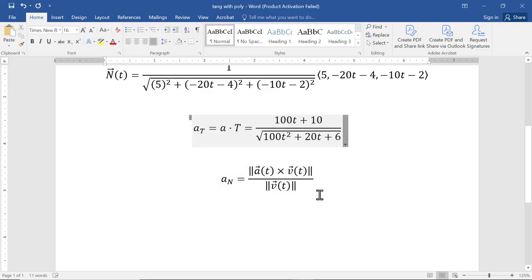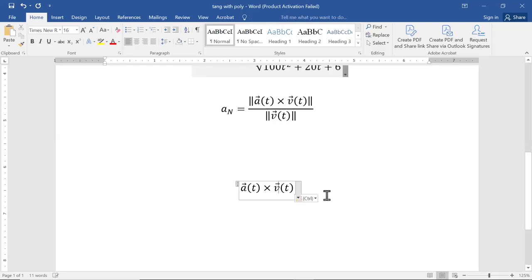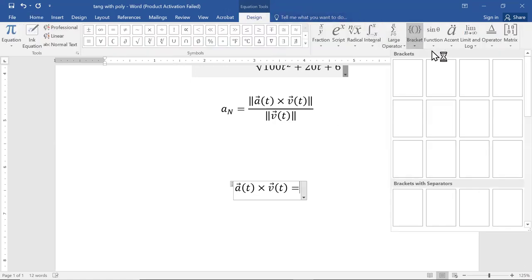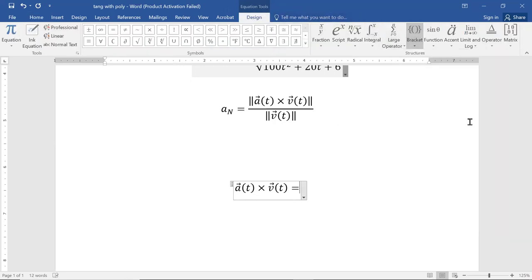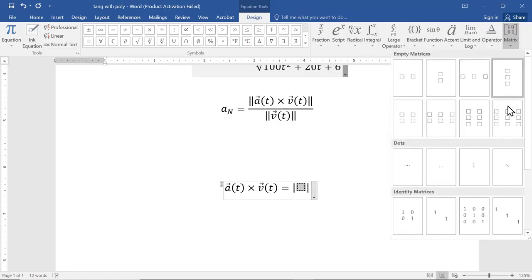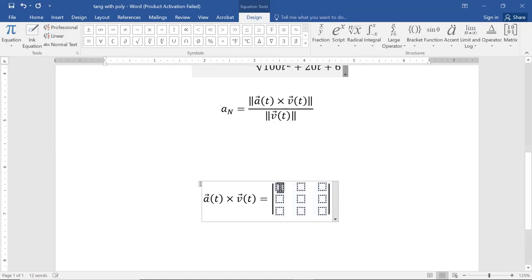So I'm going to do some work off to the side. I want to do the acceleration cross product the velocity vector. Remember how to do cross products. Again, I'm going to simplify my notation. We got to put I, J, K in the first row.